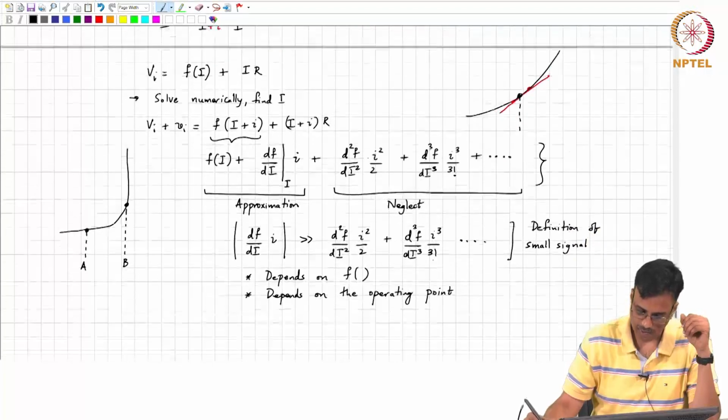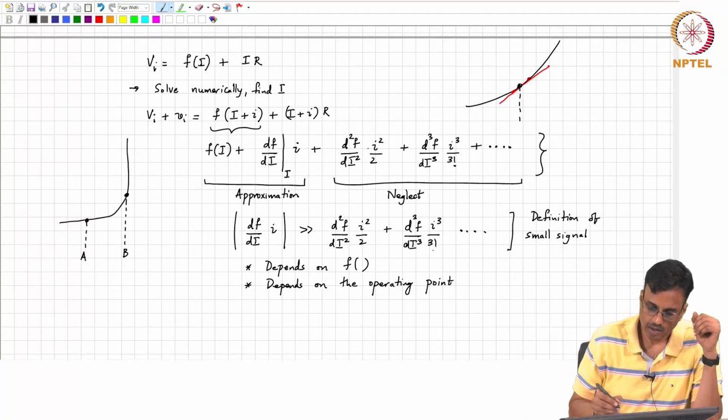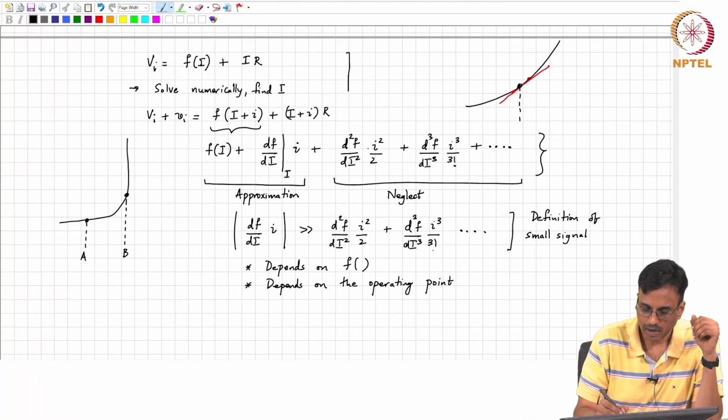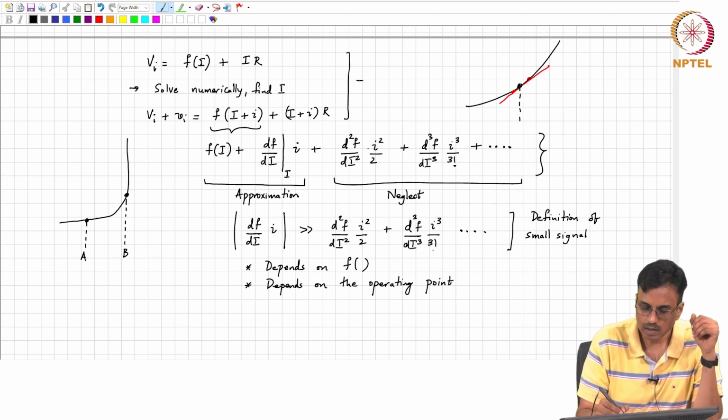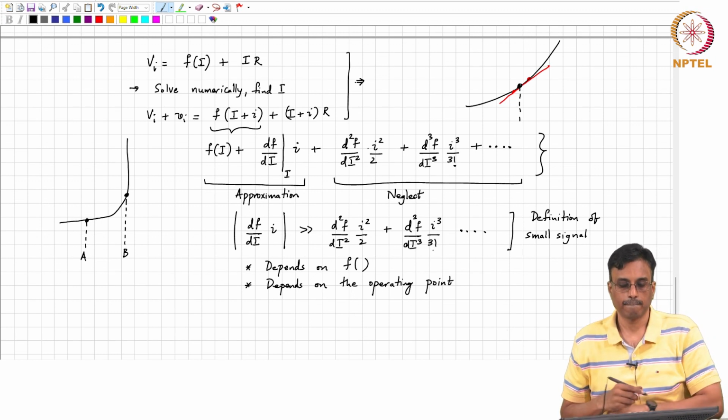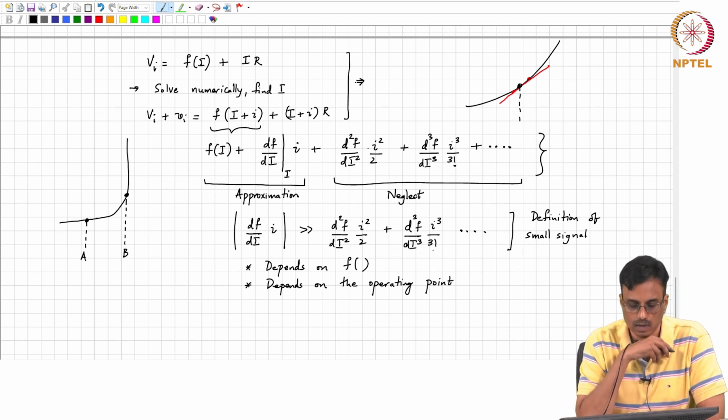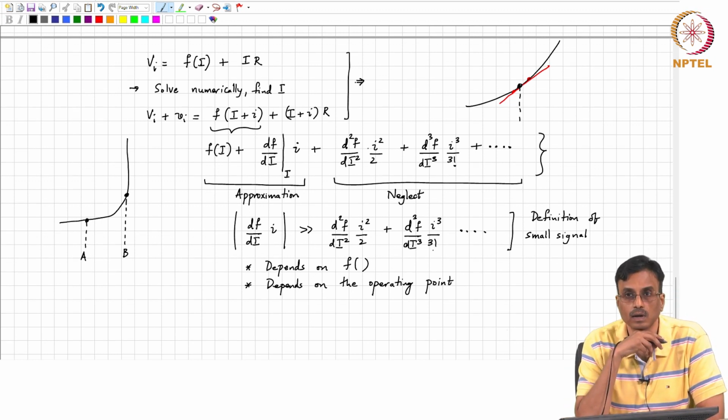Therefore, let me just finish this topic. What comment can we make when we subtract these two? What do we get under the small signal approximation? Let us subtract the first equation from the second. What do we see?